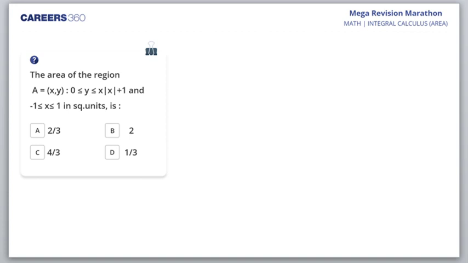The area of the region A, where A is the set of x comma y satisfying the inequality y is greater than or equal to 0, and y is less than or equal to x mod of x plus 1. Okay, I give you 1.5 minutes for it. Go ahead, solve it.